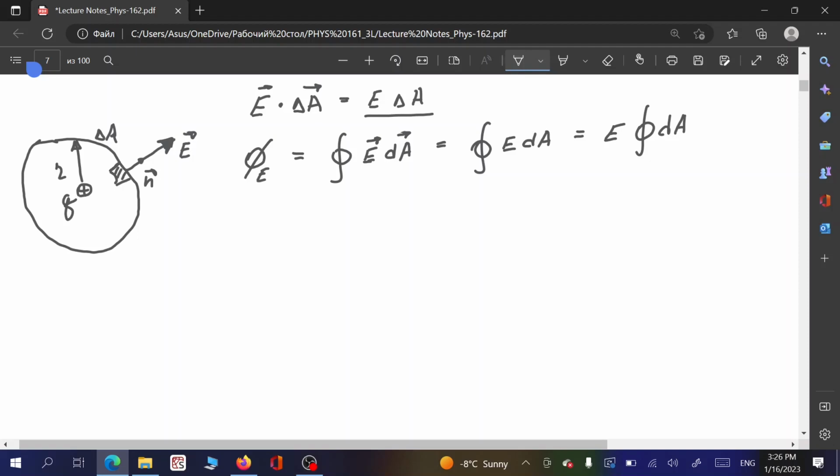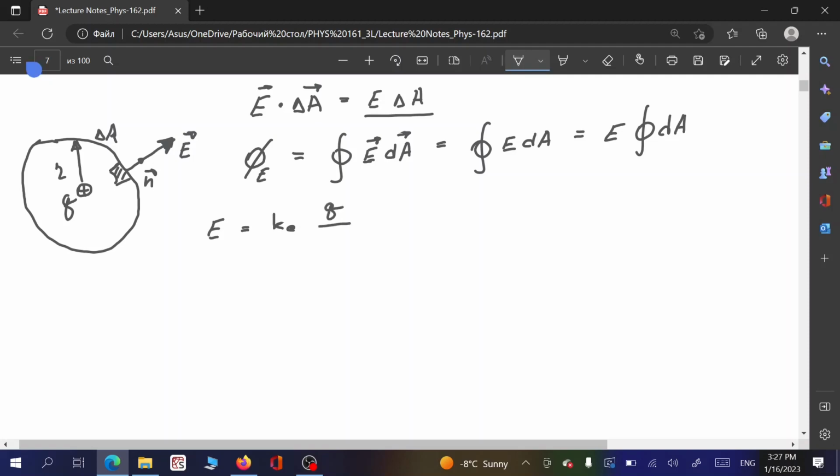Now, who will remind me what is the equation which allows us to calculate the magnitude of electric field next to a point charge? Ke, which is the electric constant, times what?